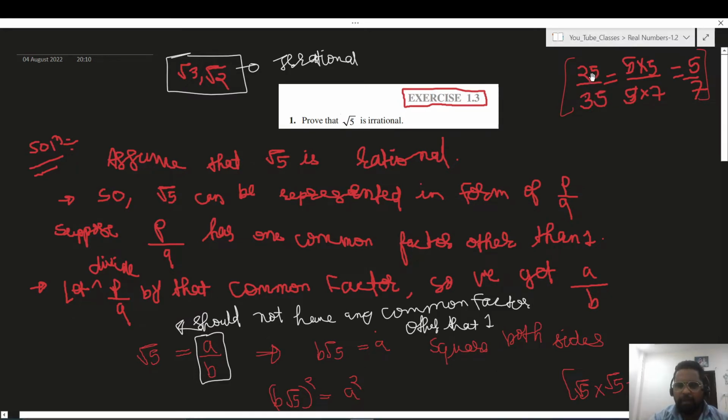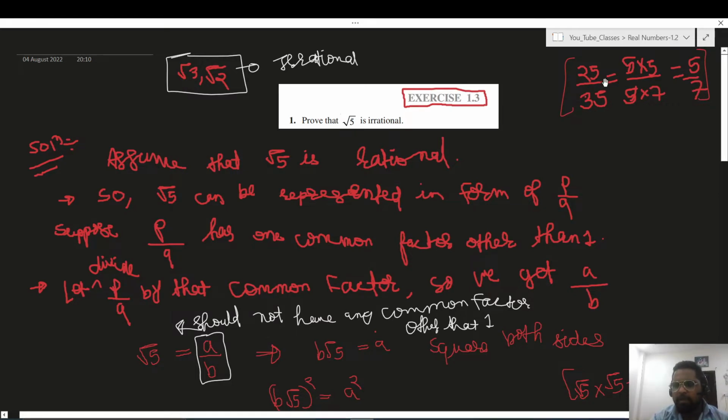Suppose 25 upon 35 is our p by q. Here p is 25 and q is 35. If I factorize, I can write 25 as 5 into 5 and 35 as 5 into 7, so I can cancel this 5, and 5 upon 7 will remain.